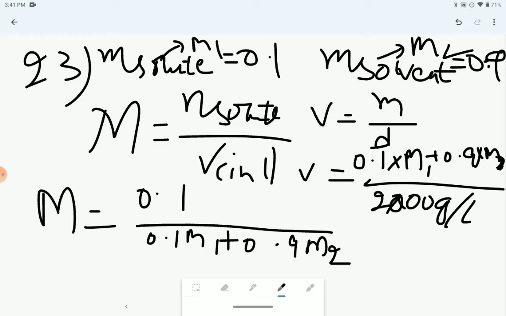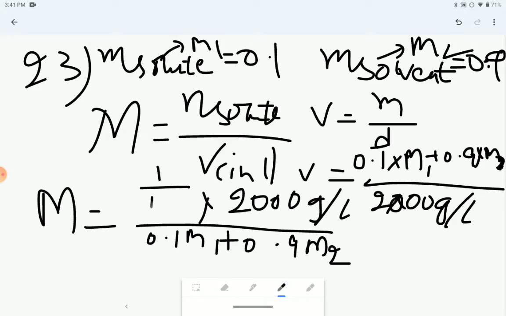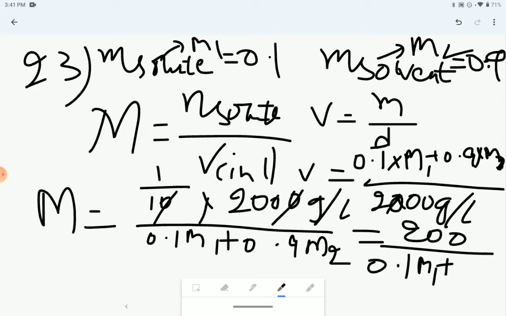If we reverse it, 2000 goes upside, which can be written as 1 by 10, then this zero is cancelled. We can write it as 200 by (0.1 m1 plus 0.9 m2). Remember this, we can come to this afterwards.